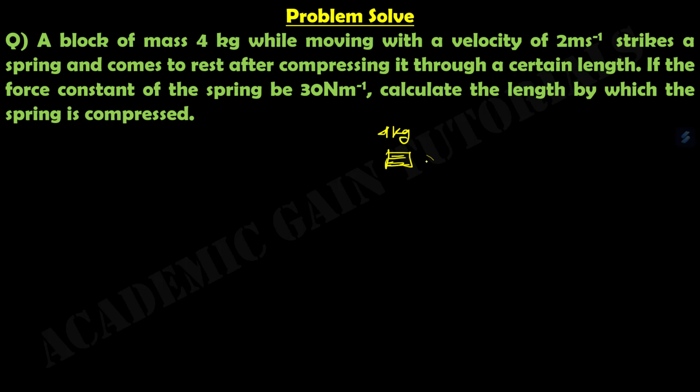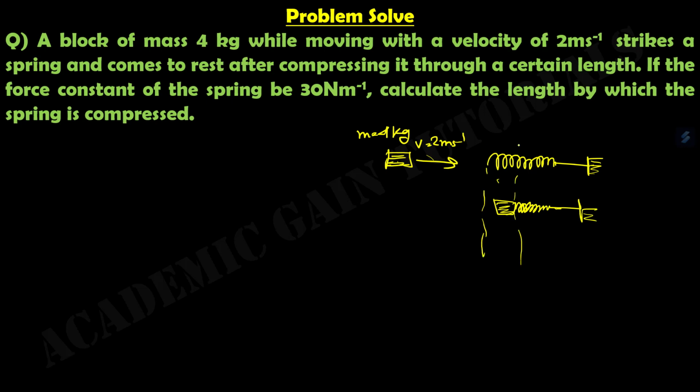It is moving with a velocity of 2 meters per second. So m equals 4 kg and velocity is 2 meters per second. It strikes a spring. Suppose this is our spring. When it strikes this spring, this is the scenario: the spring is compressed by a certain length.